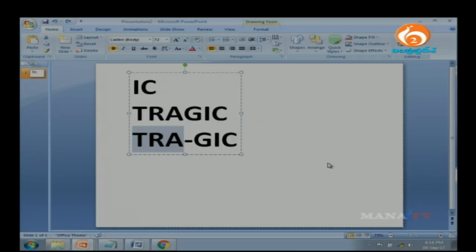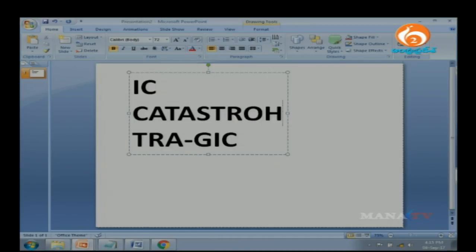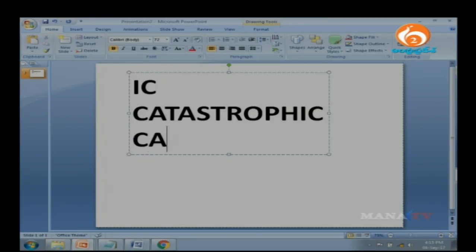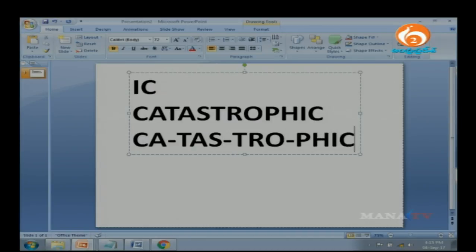If I have more than 2 syllables in a word, say for example, catastrophic. How many syllables do I have? Catastrophic.